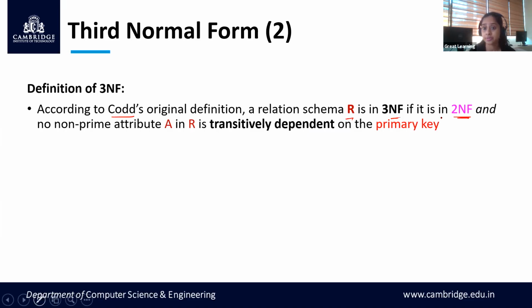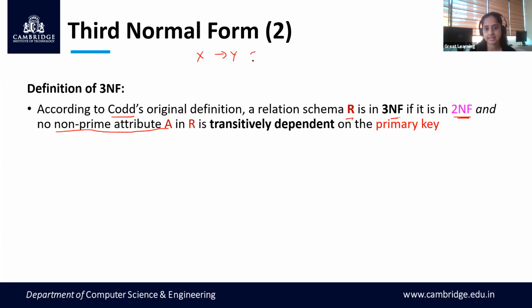Only then can you decompose or normalize the table to third normal form. If it is in 2NF and no non-prime attribute A in R is transitively dependent on the primary key of R. Is that clear?